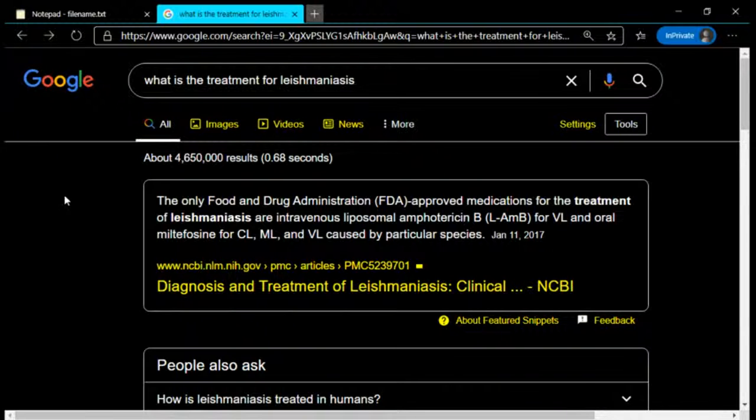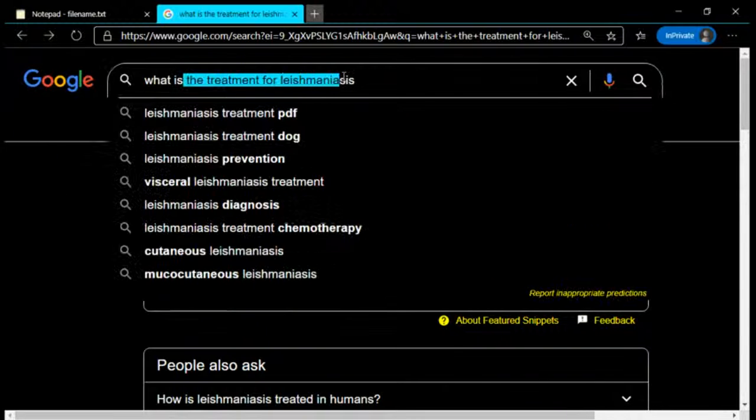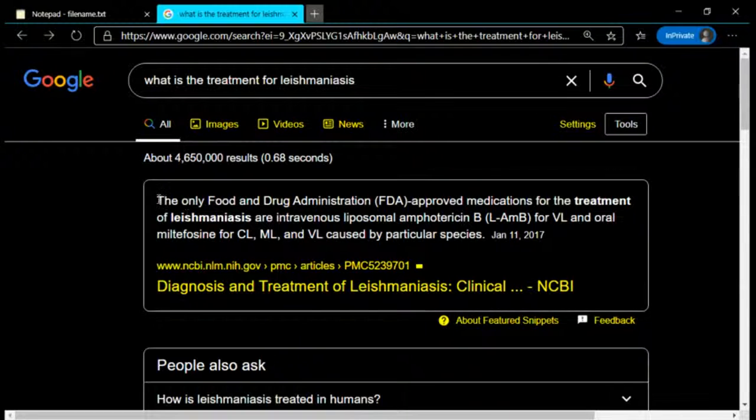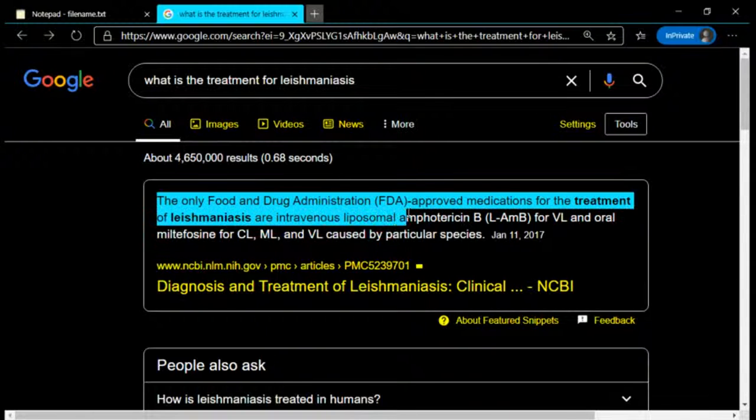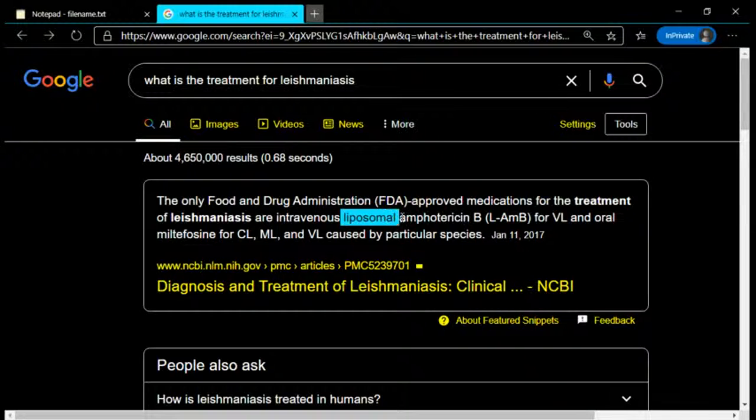Searching. What is the treatment for leishmaniasis? The only Food and Drug Administration FDA-approved medications for treatment of leishmaniasis are intravenous liposomal amphotericin B, L-AmB, for VL, and oral miltefosine for CL, ML and VL caused by particular species.